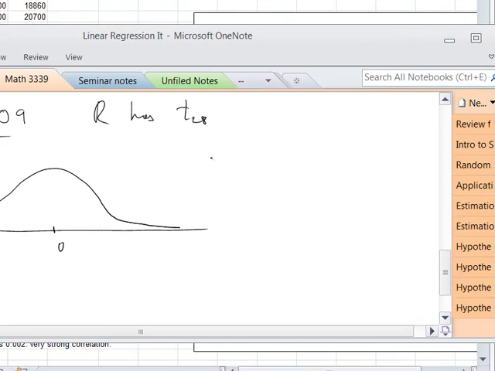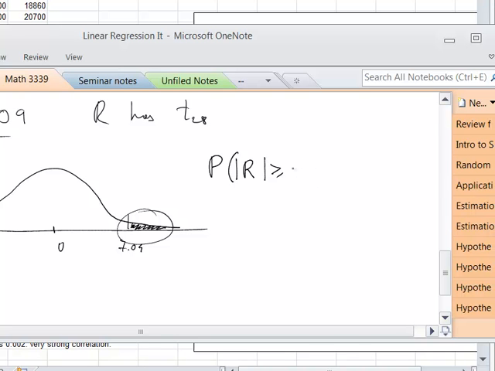What I'm interested in is the probability that R will take values in absolute value, because we can take positive and negative values. The same picture I can have here, and I can have this black area, and the black area should be equal to the green area here.